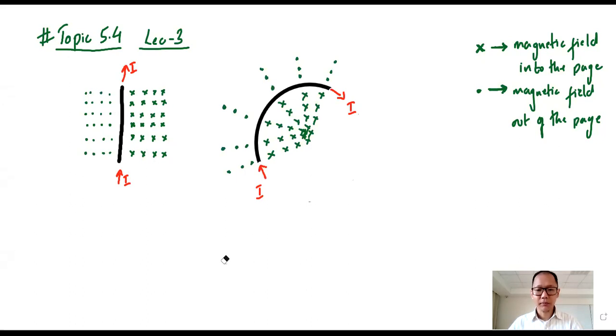Now the point is to notice that the magnetic field, let's put it in the observation here.